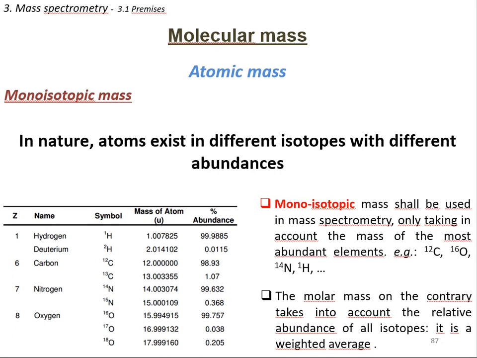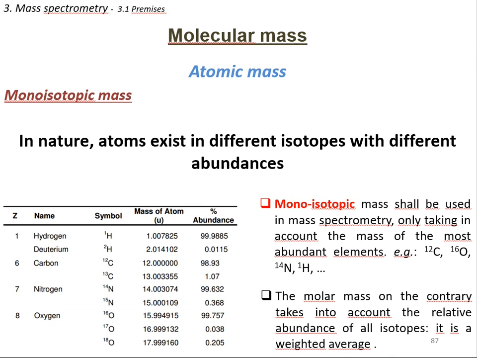So in mass spectrometry, we will separate molecules according to their mass. What we are looking for first is the monoisotopic mass. This is what we shall use to calculate the mass of a molecule. We will take only the mass of the most abundant isotopes. For example, for carbon, we will use carbon 12 and not carbon 13.